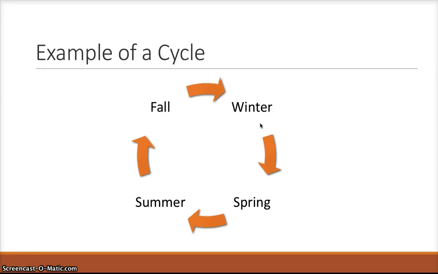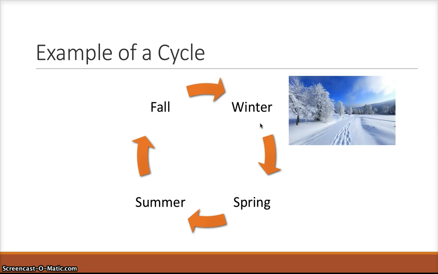So one example of a cycle that you are familiar with is the cycle of seasons. In the Northern Hemisphere, where I think all of the countries of our current students are, we start the year in winter. So December, January, February, and part of March, it's winter and it's cold.